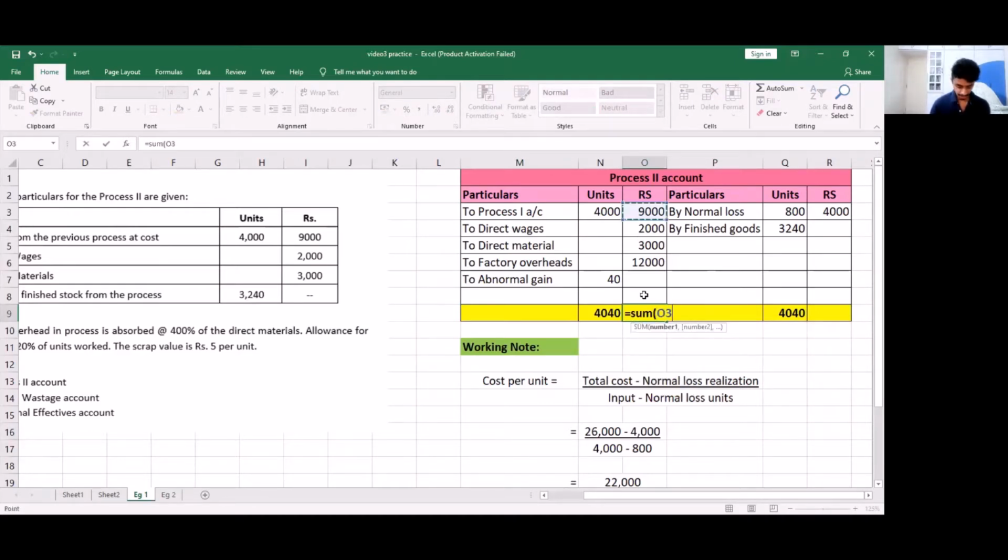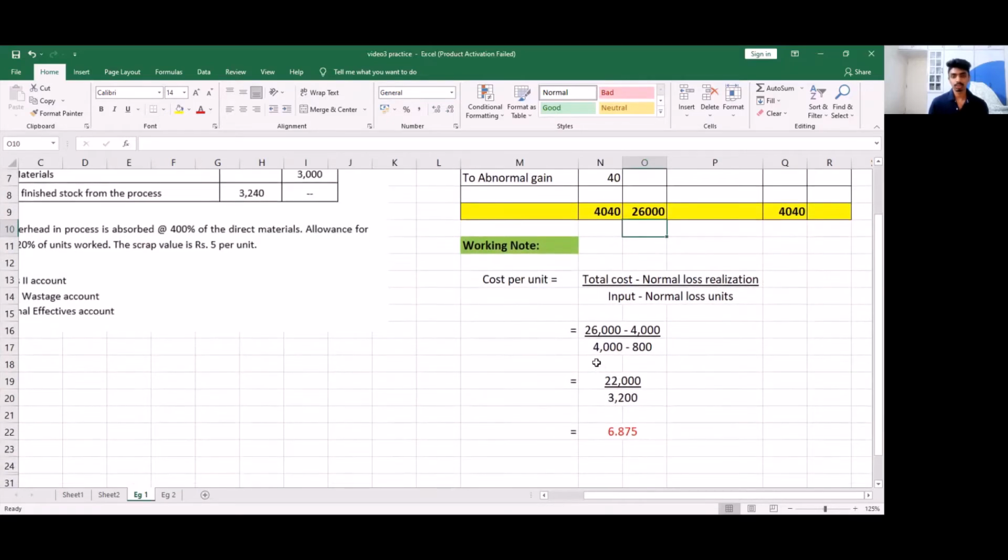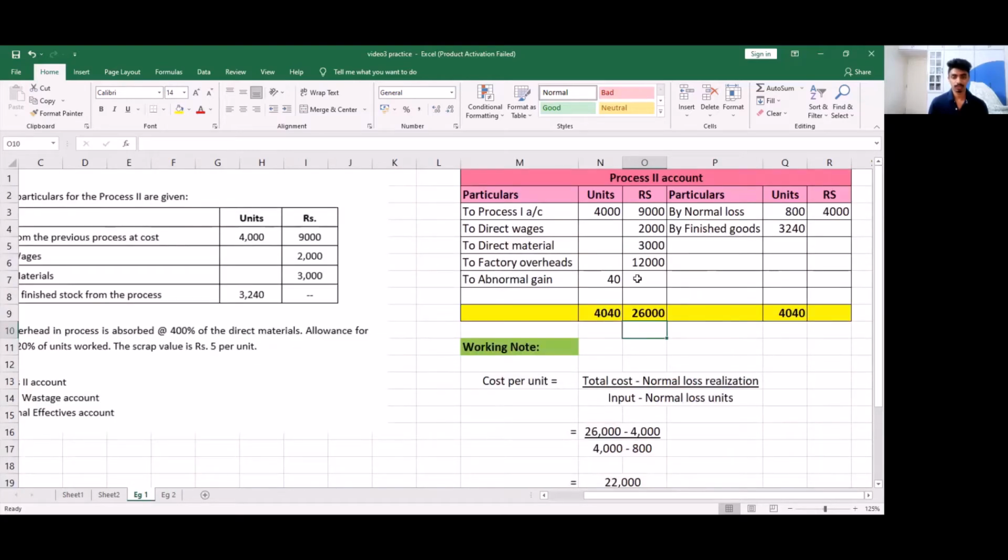So these are all our expenses, which gives us our total cost, which is 26,000. Next, we have calculated that our normal loss realization is 4,000 rupees, and we divide this by input, which is 4,000 units, minus normal loss units, which is 800, to get 22,000 divided by 3,200, which is 6.875. So this is our cost per unit.